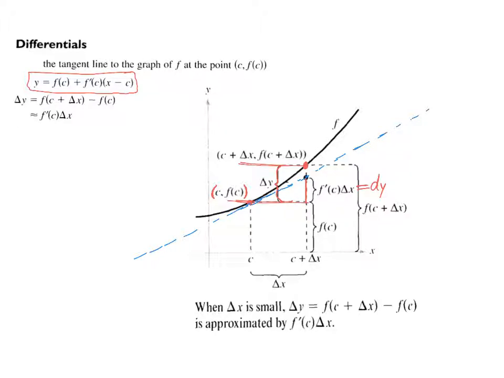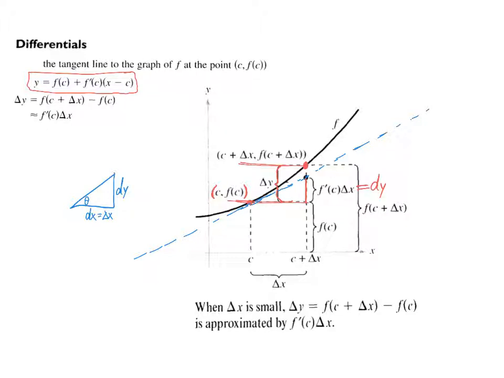The reason why this works is a little bit of right triangle trig. Remember, slope is tangent of the angle? Let me show you this here. This is dy. This is dx, which is the same thing as delta x. And let's say that this is the angle that your tangent line is making with a horizontal.